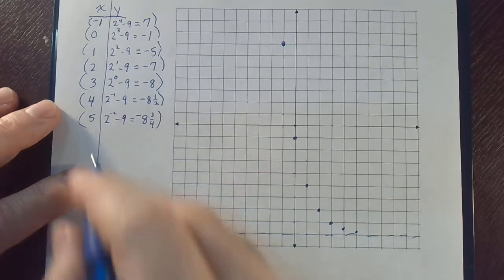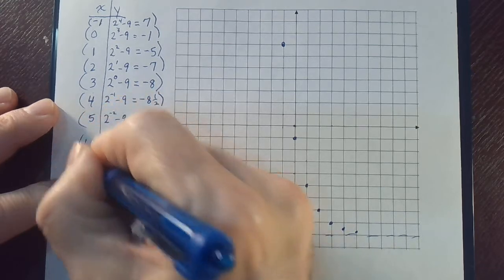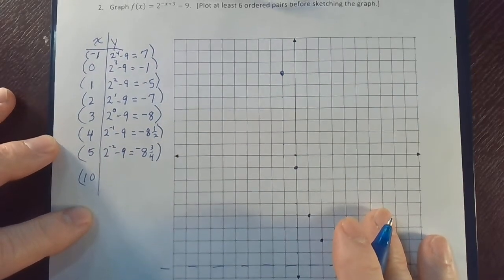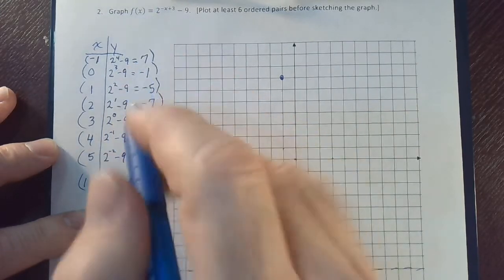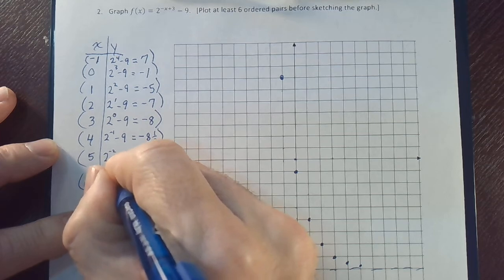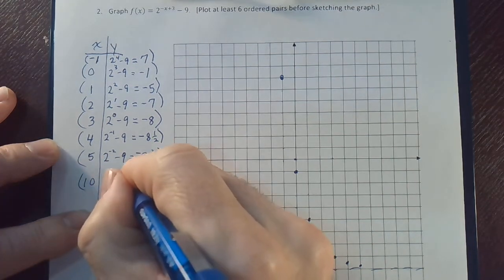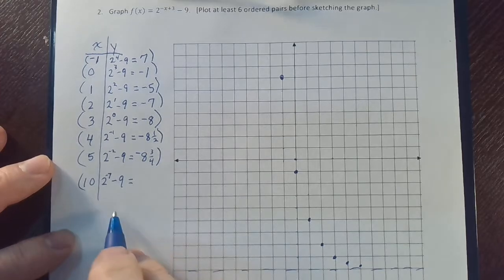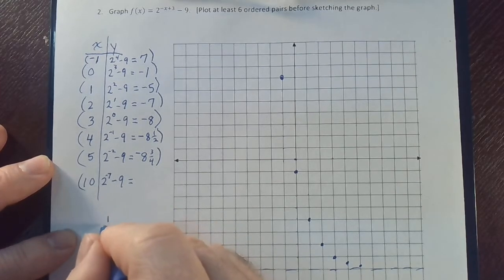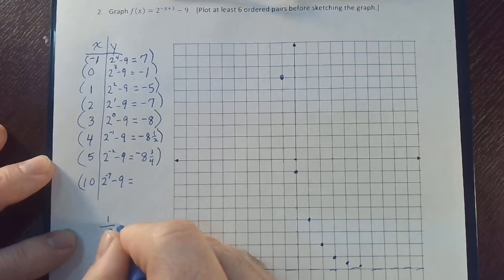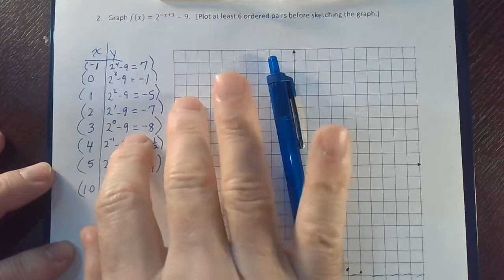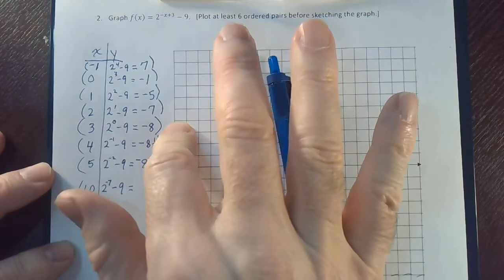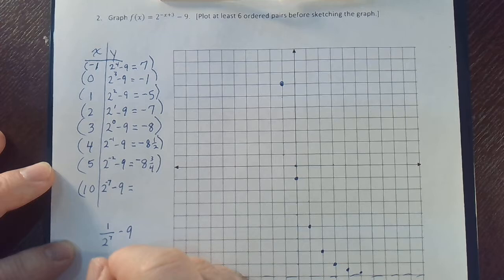And if we went down something like to 10, we would get 2 to the negative 10 plus 3. Negative 10 plus 3 is negative 7. 2 to the negative 7 minus 9 is 1 over 2 to the 7th minus 9. 2 to the 7th is 2, 4, 8, 16, 32, 64, 128. 1 over 128 minus 9.